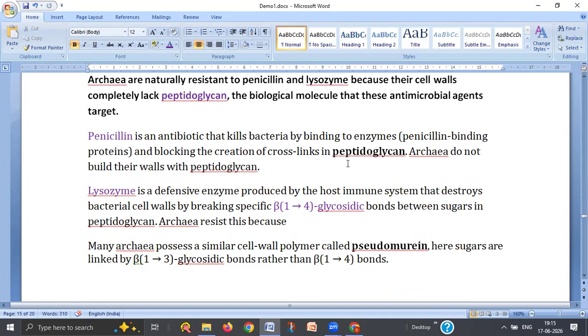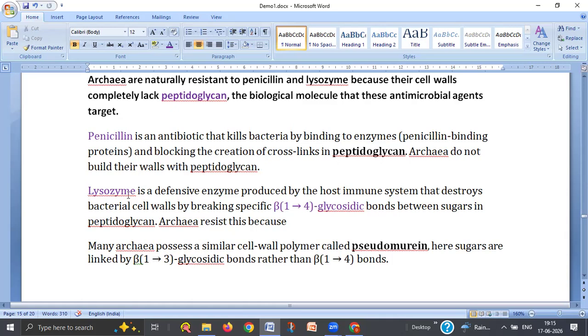Without peptidoglycan, bacteria cannot survive, because peptidoglycan is the component of the cell walls in the bacteria. And lysozyme acts on the beta-1,4 glycosidic bonds in the peptidoglycan. So these are two different mechanisms.